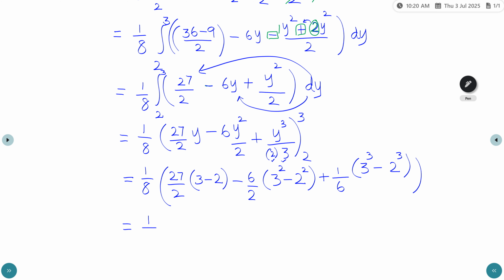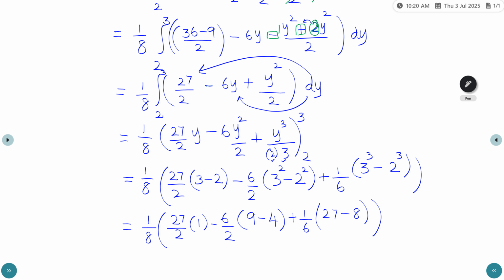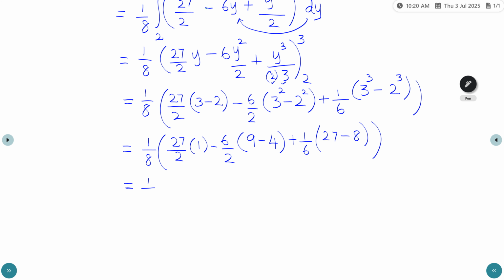It is 1 by 8 into 27 by 2 into 1, minus 6 by 2 into 9 minus 4, plus 1 by 6 into 27 minus 8, that is 19.